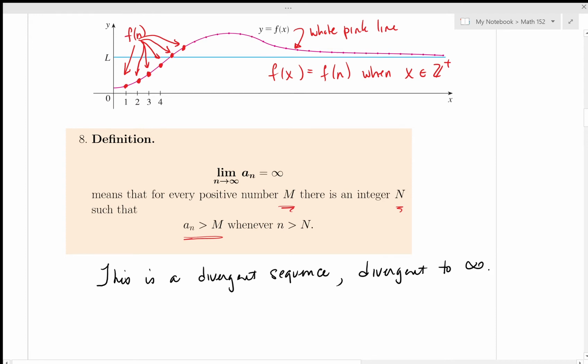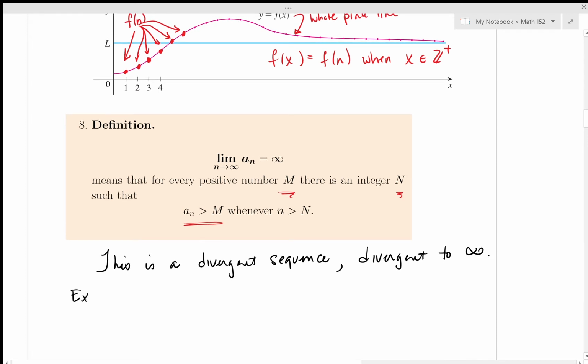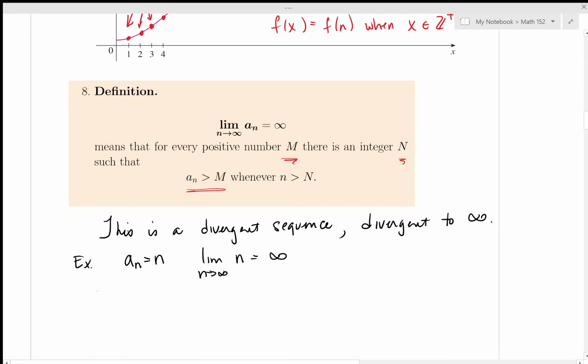And let's give an example of that. a_n equals n. And the limit as n goes to infinity of n is infinity. So this is a divergent sequence. It's a list of numbers such that when you keep going, the numbers just keep getting larger and larger. Okay, there's that type of divergence. And just to make note of this, we're going to see this coming.